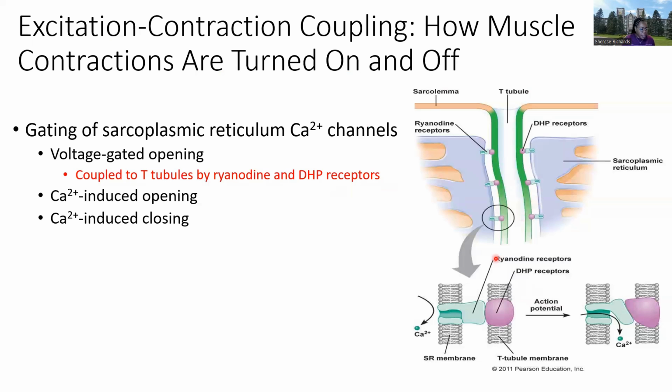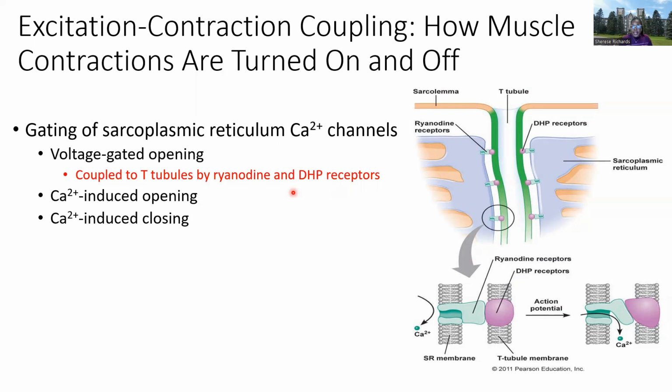in a 3D way. So what we've just looked at is called excitation contraction coupling. How do we couple the events that are happening on the muscle membrane, which is the excitation, with the actual contraction of the sarcomere, which is the contraction portion? So how is the excitation of muscle coupled with the release of calcium and then the subsequent contraction?